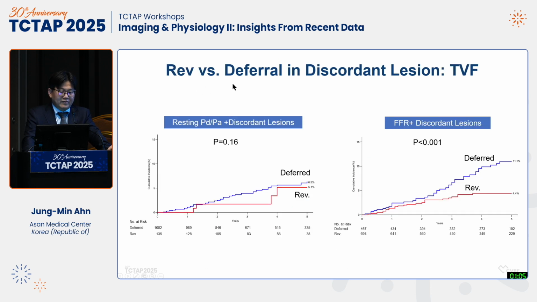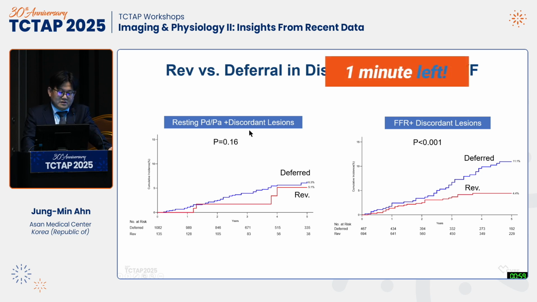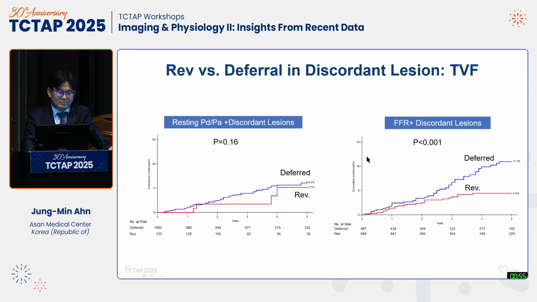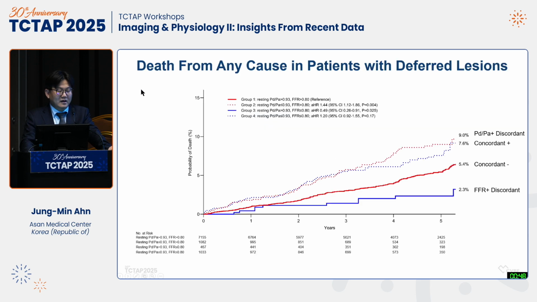So comparing revascularization and deferral in the discordant region, resting PDPA positive discordant was not associated with a benefit of revascularization. Only the FFR positive discordant region is associated with the benefit of revascularization. How about death from any cause? It is totally different from target vessel failure.